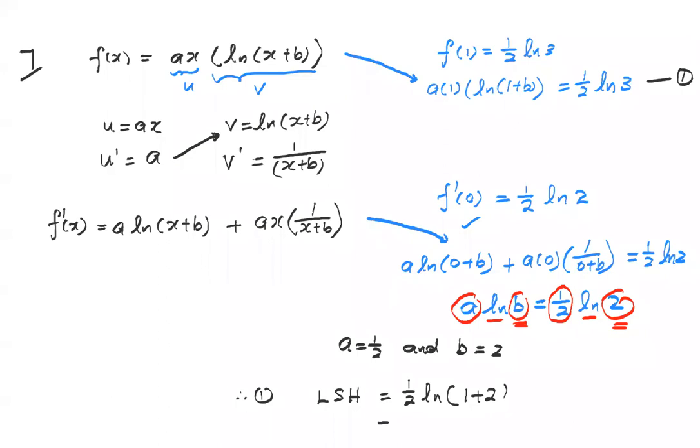So I also get half ln 3 equal to the right-hand side. So therefore, the solution is this. Are you clear? You don't have to really go and solve it. You can compare, but after you compare from the second one, you have to test it onto the other one. Then only you can make the conclusion. Are you clear?